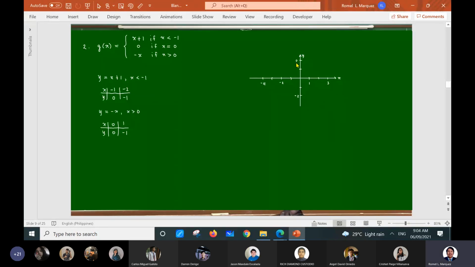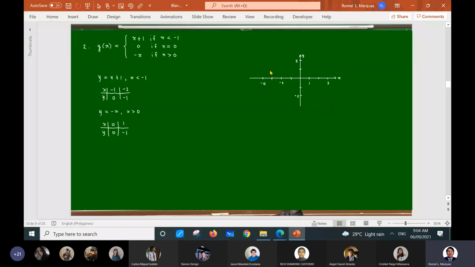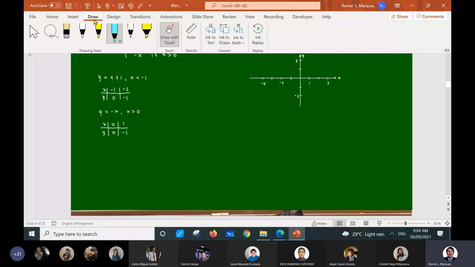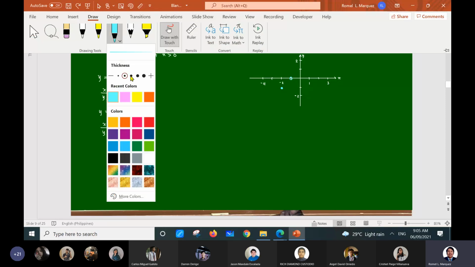then positive 2 here. Okay, so now let's have our first point, but I think it's a hole, no? The point negative 1, 0 is a hole. It is a hole. Okay, guys? Now, next, negative 2, negative 1, somewhere here. So let me draw a straight line.